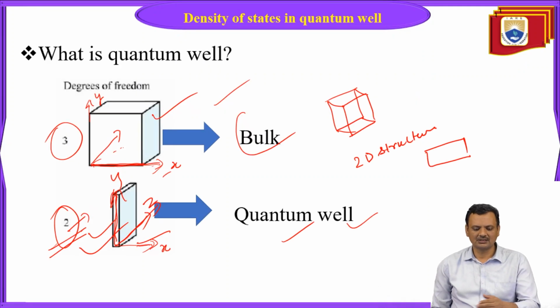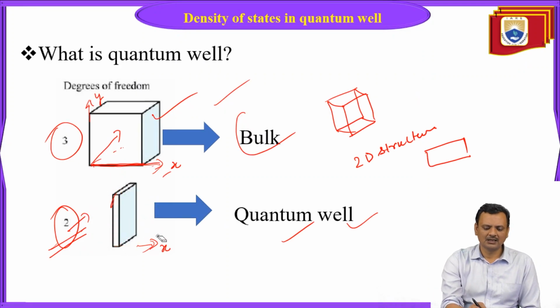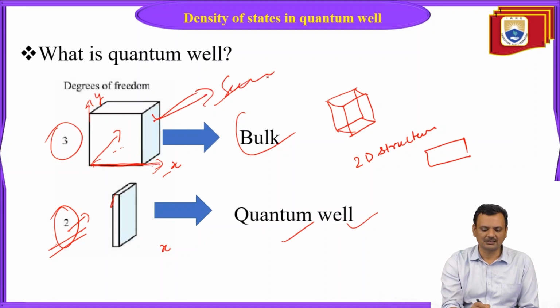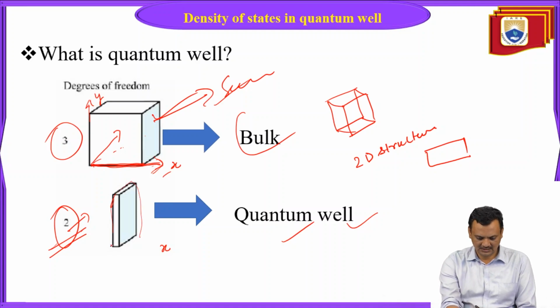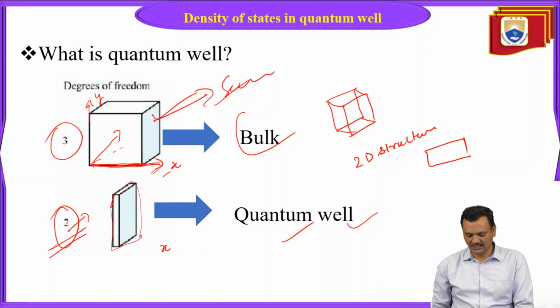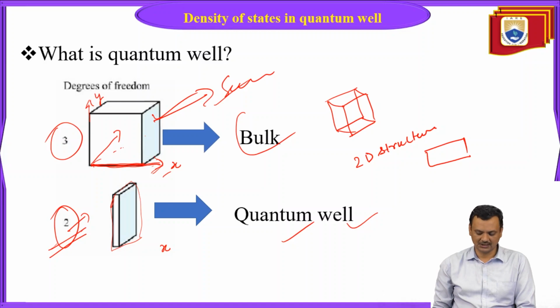Let's suppose this is your semiconductor crystal. If you reduce the dimension of this semiconductor in one direction, you get a kind of thin sheet structure, that is also known as a 2D structure, and that structure is considered your quantum well structure.